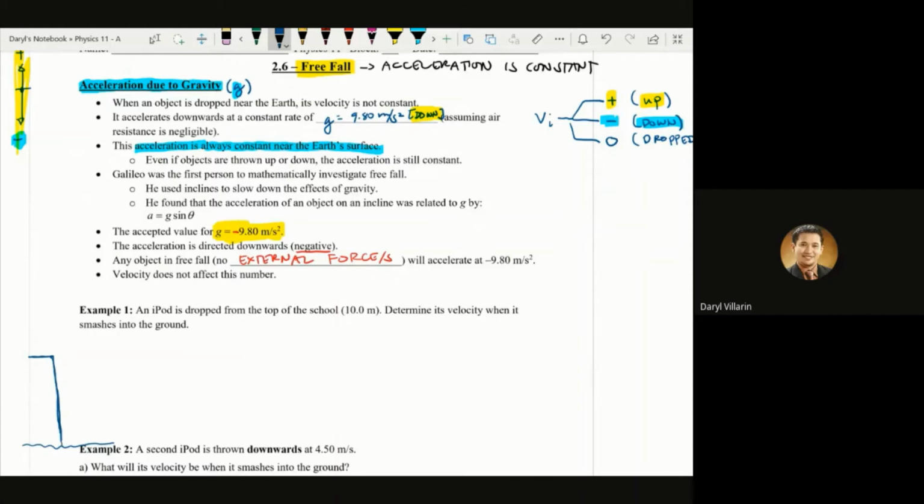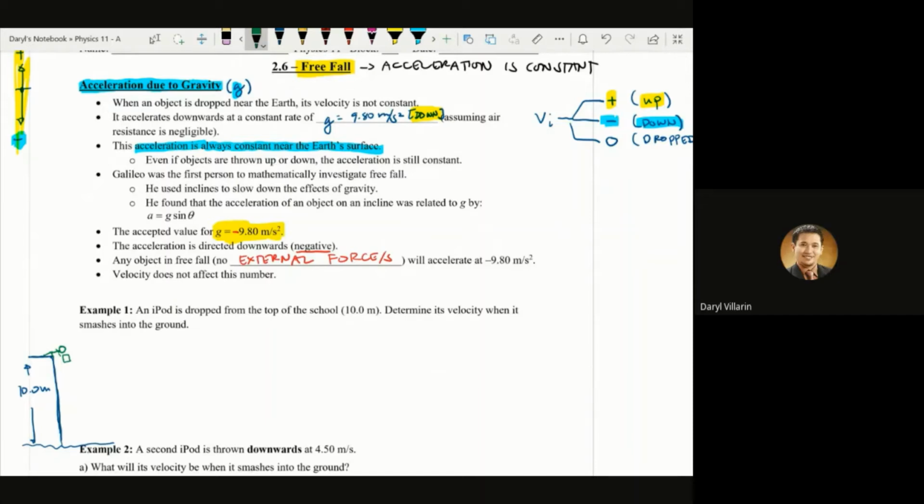So the height of the building is 10 meters. You have a person here who tries to drop the iPod.